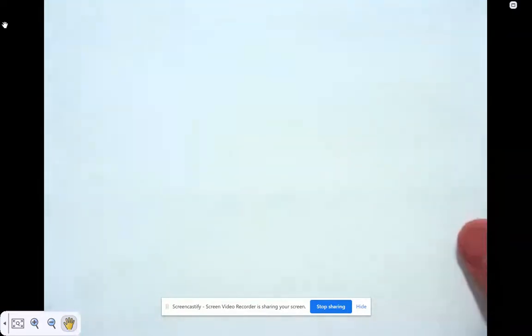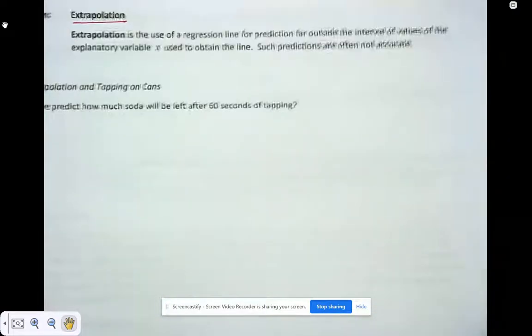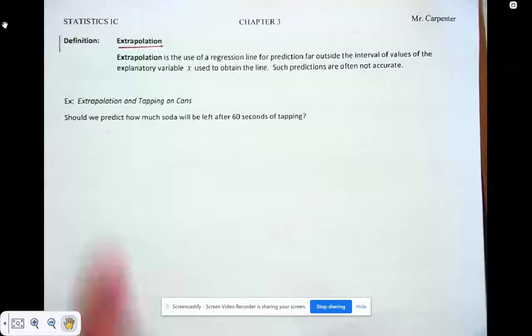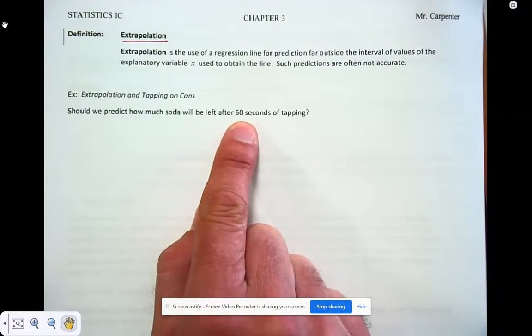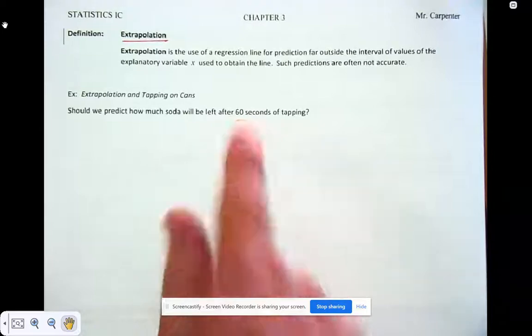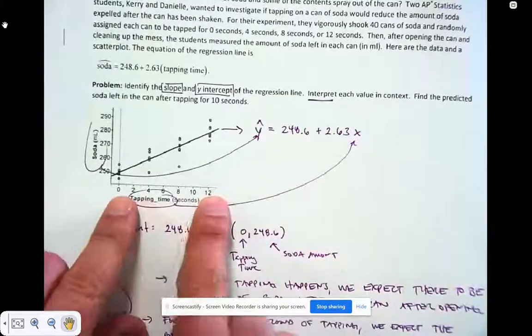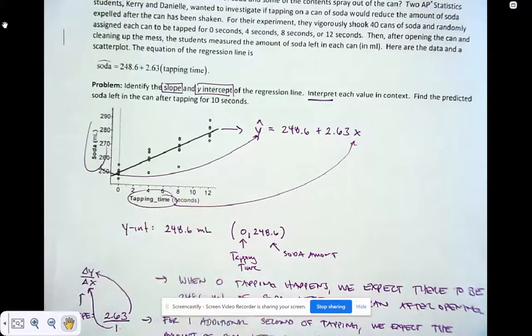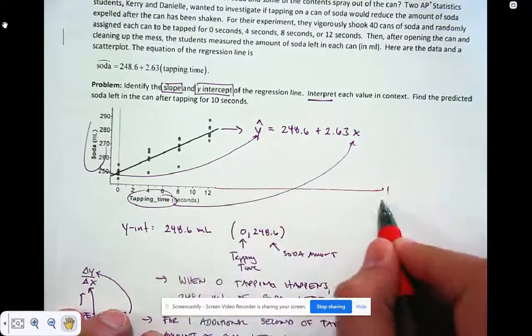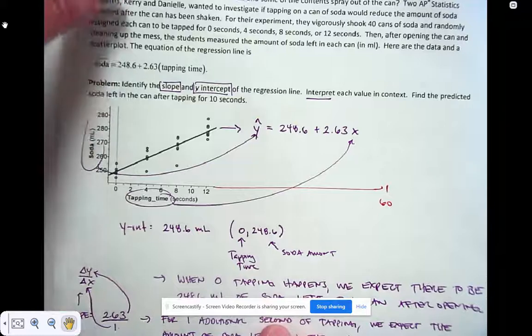And so here, right, to tie it back to our tapping can, should we predict how much soda will be left after 60 seconds of tapping? 60 seconds, you guys. Look at the data that we collected. The data, the maximum we collected was at 12 seconds of tapping. And so you're thinking about coming way over here to 60. And that does not make sense.